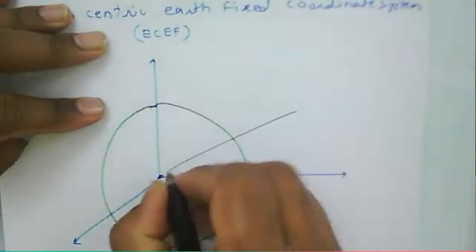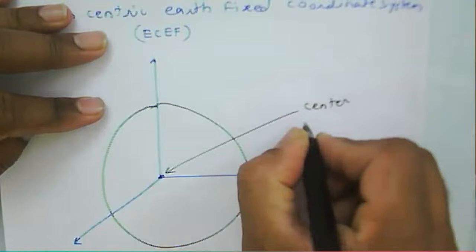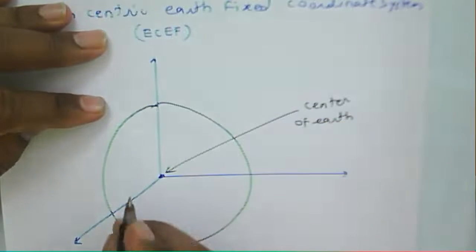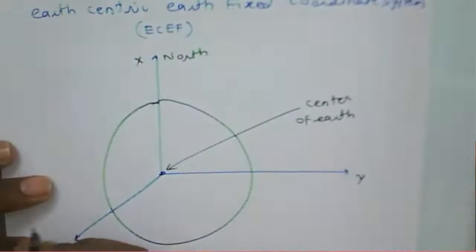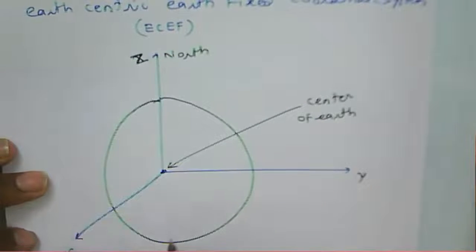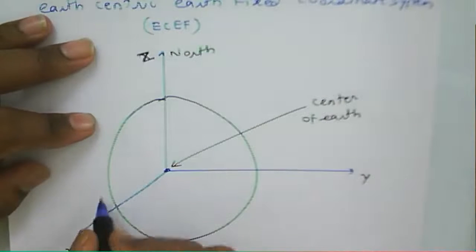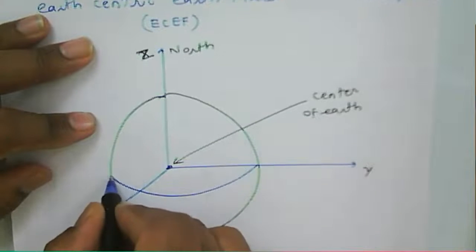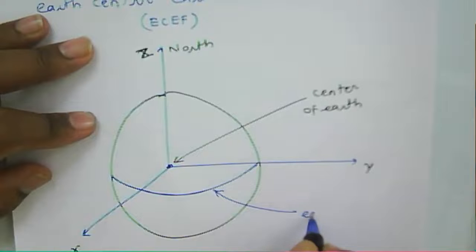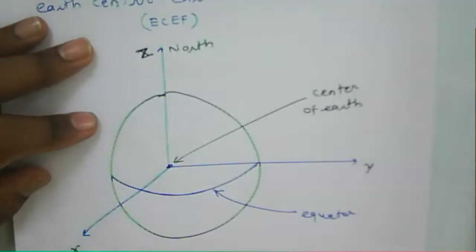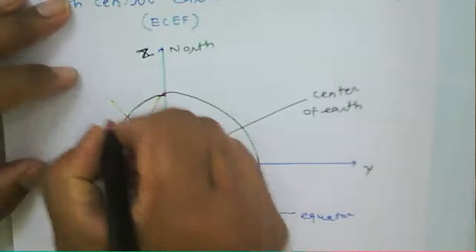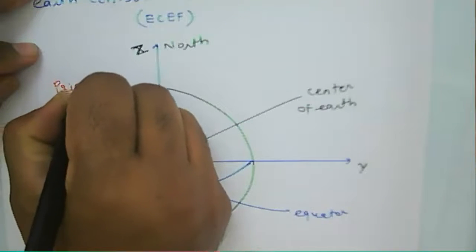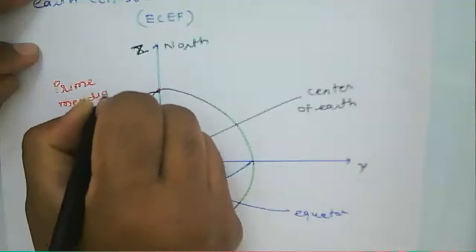We have the north, the y and x axes, and the z axis. This is the equator, and from here to here is the prime meridian.